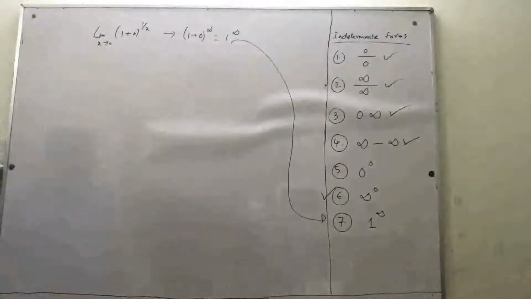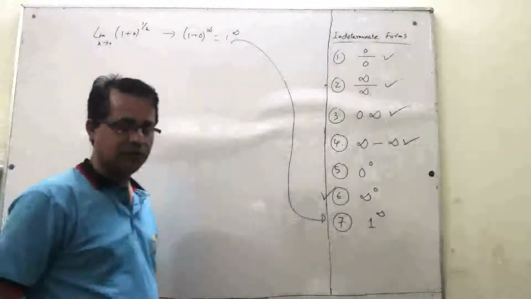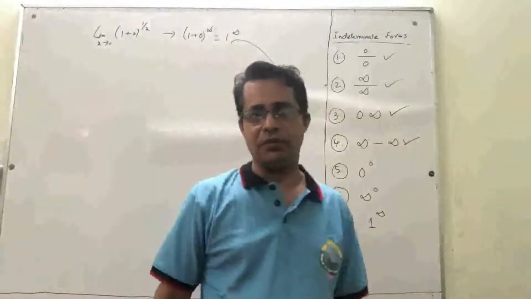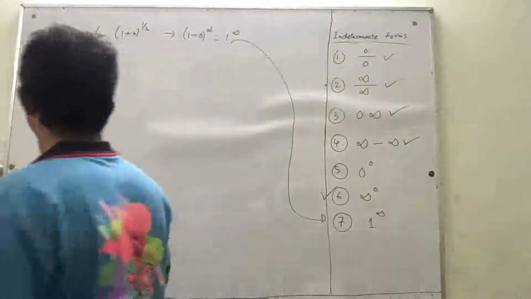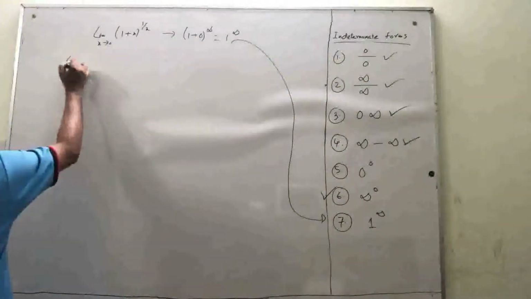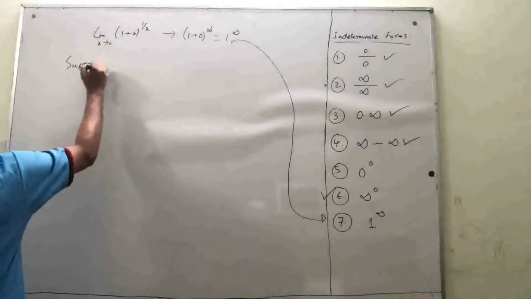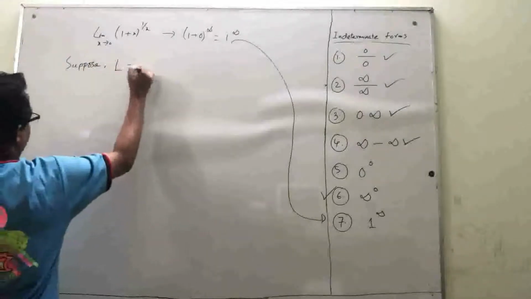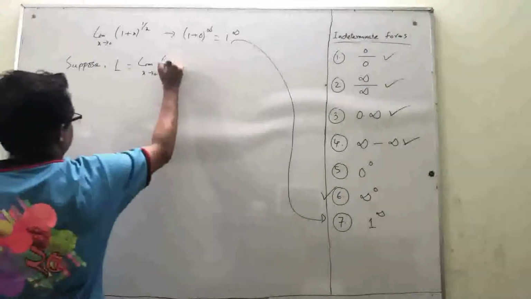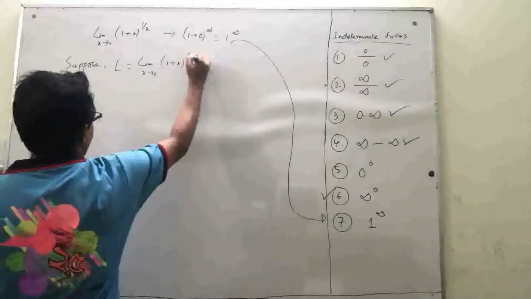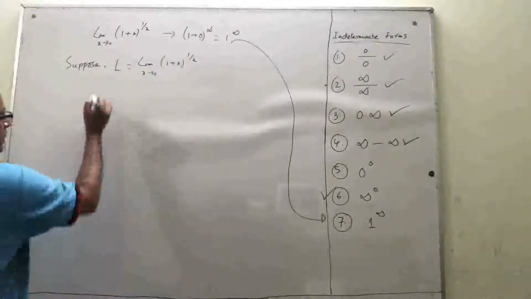For this we can also take the help of logarithm, that is natural logarithm. Suppose the limiting value L equals limit x tends to 0, (1 plus x) whole power 1 by x.